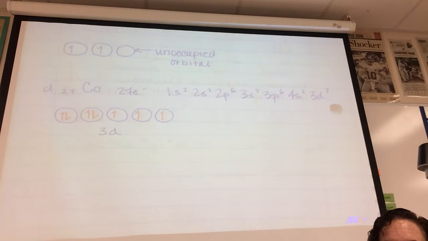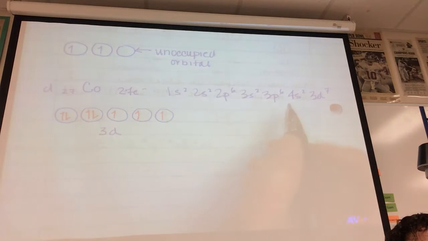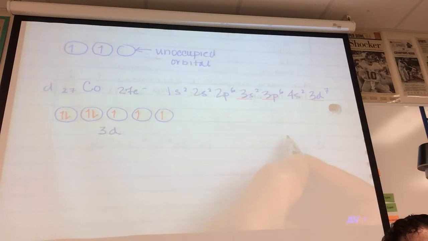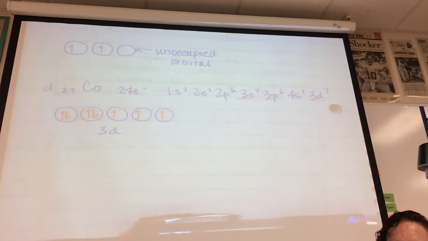How many electrons in the third shell? Victoria. The third shell. 8. 15. 15 is correct. So there are 15 electrons in that third shell.